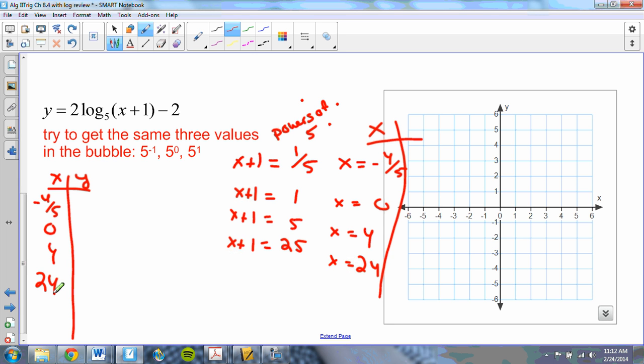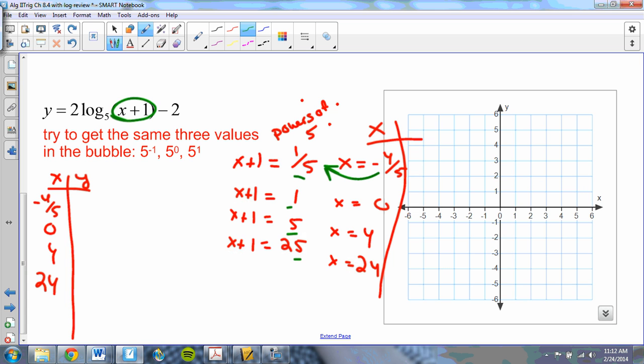Okay. Well, let's plug in negative 4/5. Annie, what's negative 4/5 plus 1? It's a fifth. Right, because the point is, whatever we plug into this is going to come out to one of these numbers.